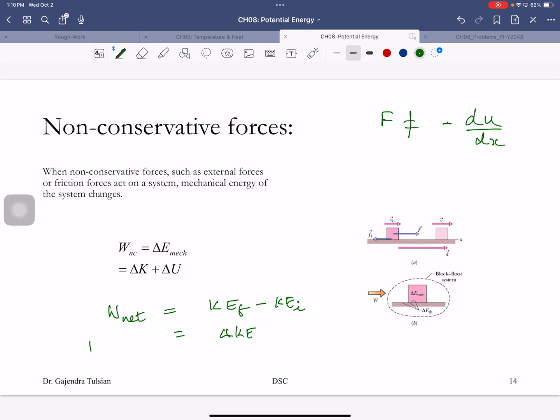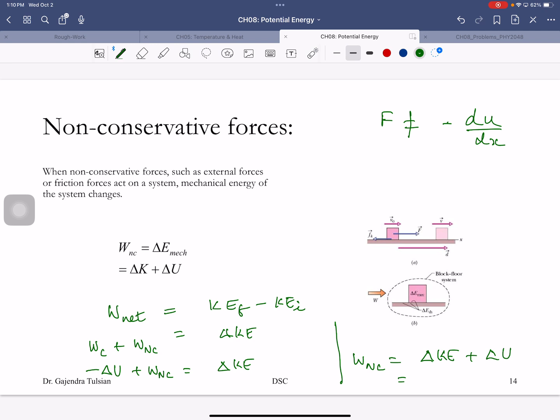Well, there are only two kinds of forces, conservative and non-conservative. The work done by conservative forces is easy. It's change in potential energy. So, work done by non-conservative forces is equal to change in kinetic energy plus change in potential energy.